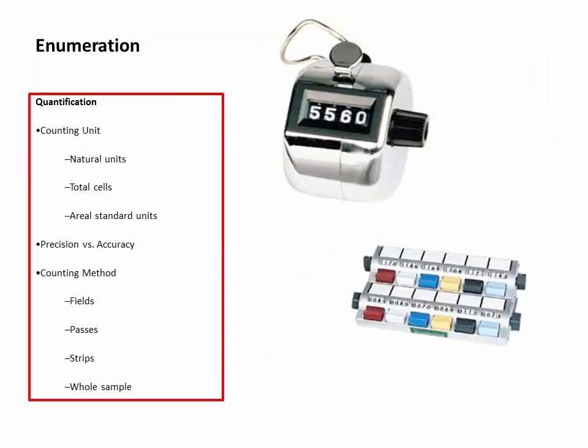So what do we use for enumeration? In terms of counting units, most people think of cells, but when you're dealing with something like this, it's becoming more and more common to start dealing with what's called natural units. So a natural unit would be the colony. So you count colonies, not worry about how many cells are there.